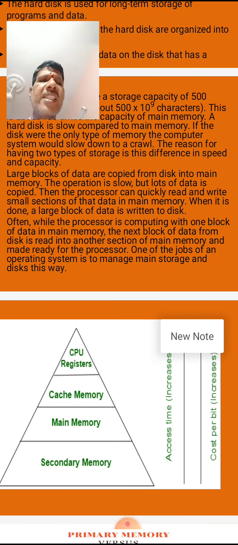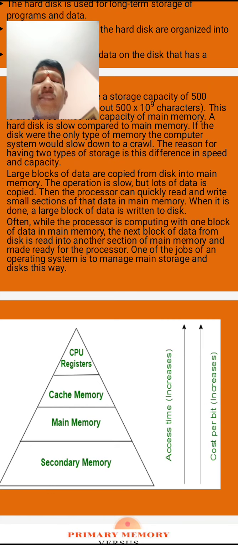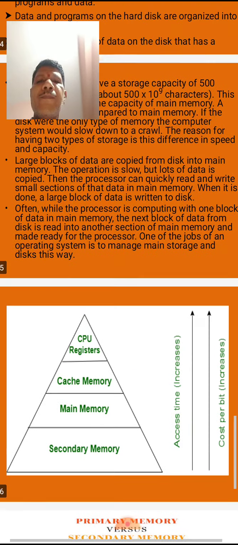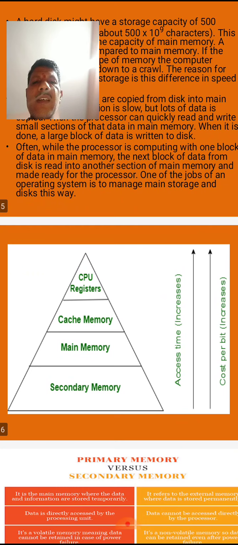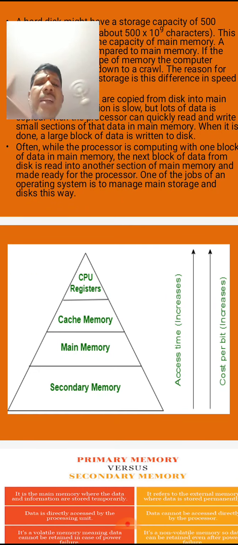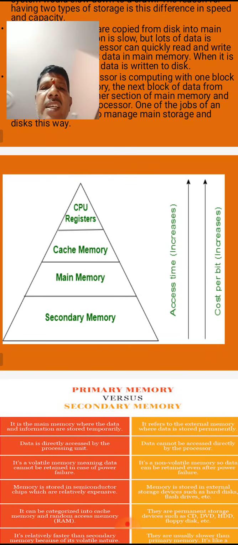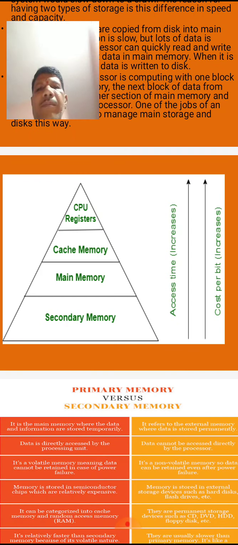It can be discussed in the next part, that is the software part. But here we are discussing the classification of the CPU registers, our processing and storage capacity classification. We'll see here that the access time increases. The CPU registers' access time is very low, which means high processing speed.